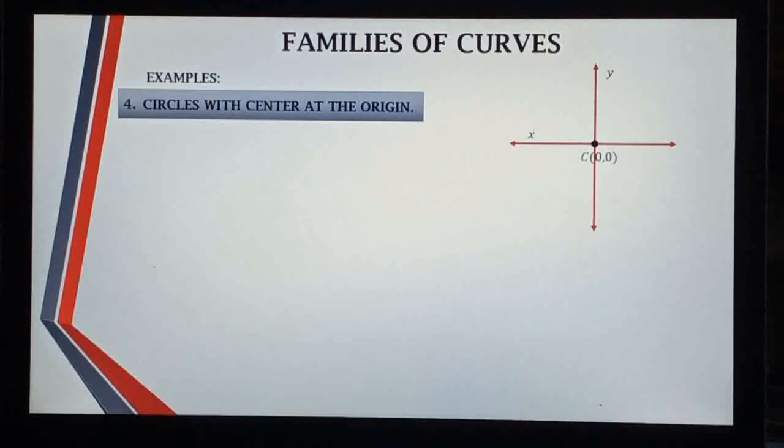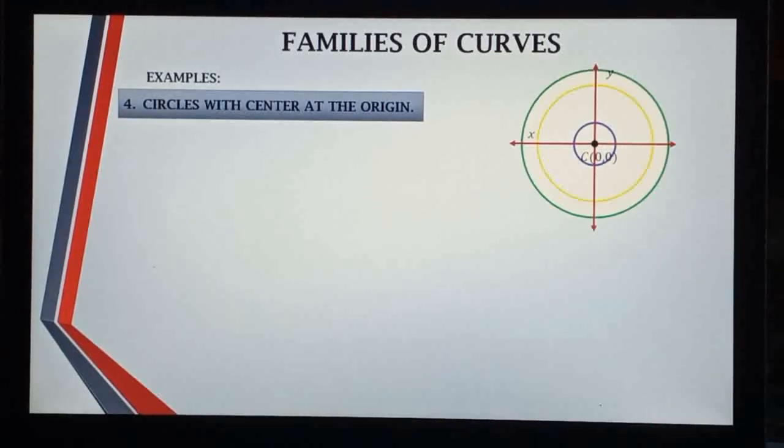So it can be the green circle, or pwede din naman yung violet circle, or yung yellow circle, and lastly, it can be the blue circle. So basta yung center niya nasa origin, pwede namang magkakaiba ng size yung circle.